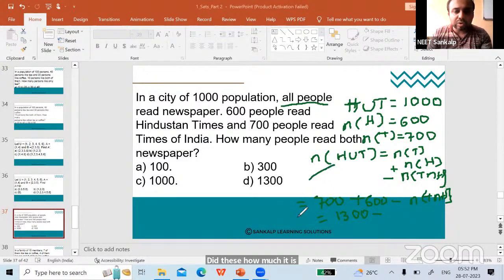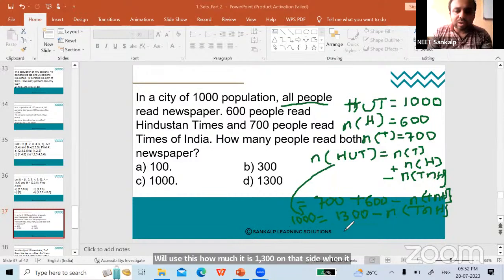If I take the union, all the people read newspaper, 1,000. Then n of T intersection H gives us 1,300. When shifted to that side, it gives minus 300, which is equal to minus the cardinality of both the papers.